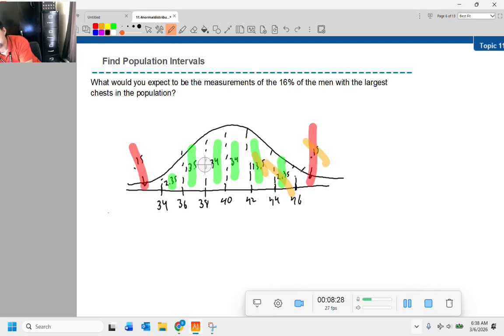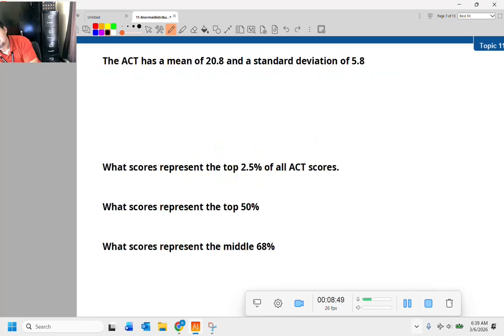That's the 16%. So I am talking about men with chest measurements larger than 42 inches. This kind of makes me want to measure my chest and see how I compare to Scottish men. I feel like I'm somewhere up there.